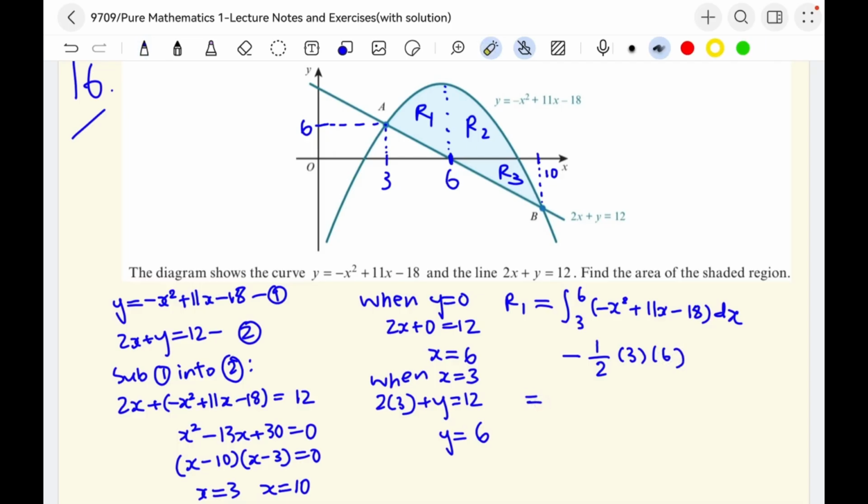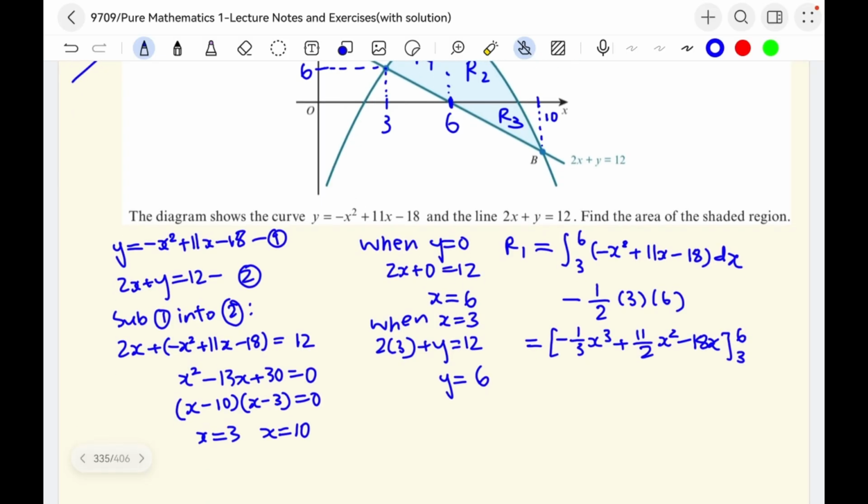So now we evaluate the integral inside here first, which is negative 1 over 3 x cubed plus 11 over 2 x squared minus 18x from 3 to 6. And this one you can cancel out to get 3 times 3, negative 9.